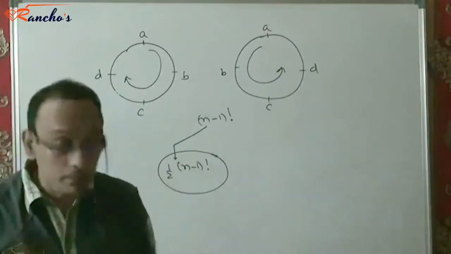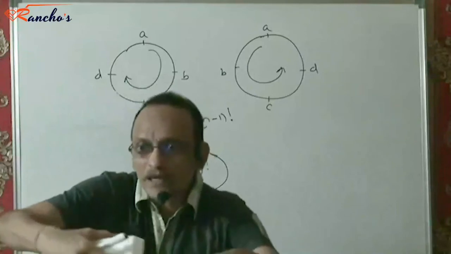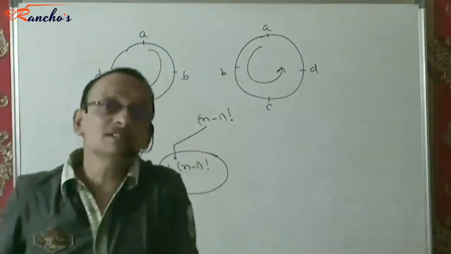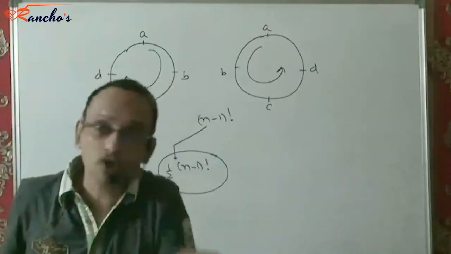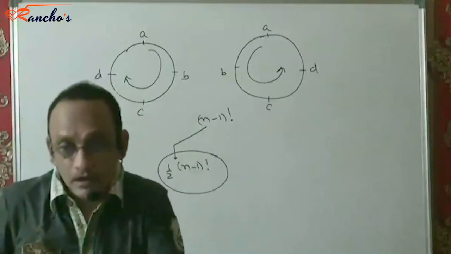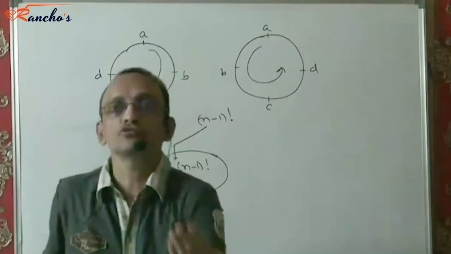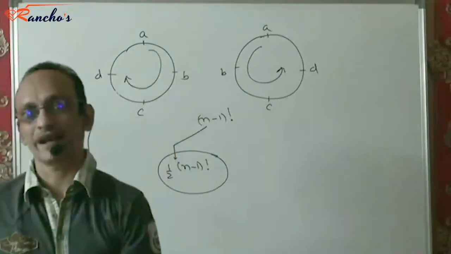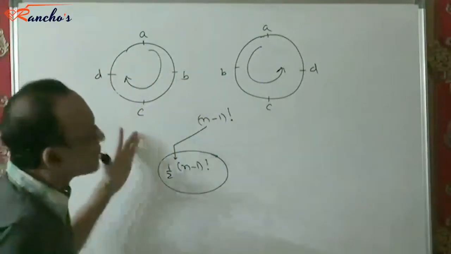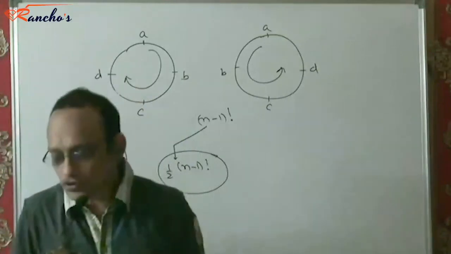That can happen in a garland. But if I have to arrange people in a circle, then clockwise arrangement of 4 people and anti-clockwise arrangement of the same 4 people will be looked at as different. So you have to take a call, you have to draw a judgment on that, right? So this is how it goes.